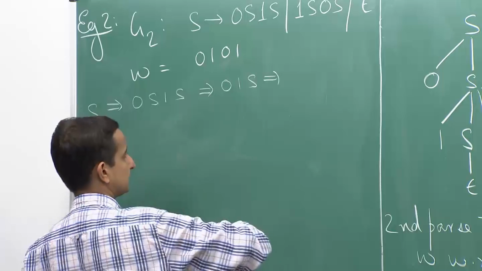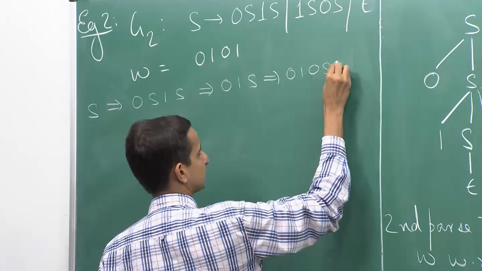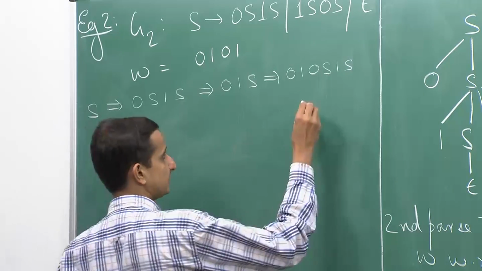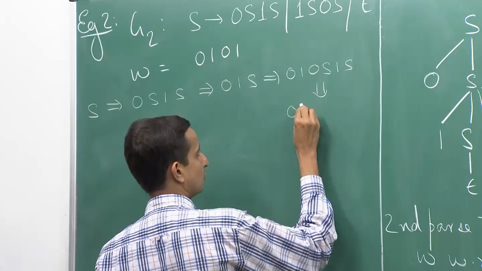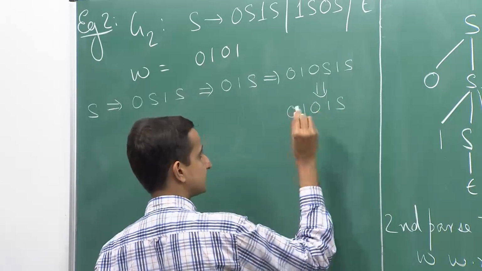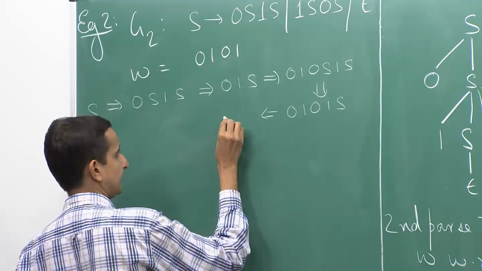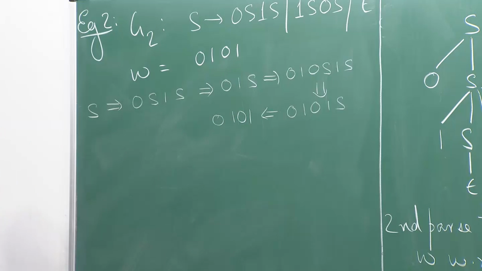Then I replace this S again with 0S1S. Now I replace the first S with epsilon, so I get 0101S, and then I replace the second S with epsilon, and I get 0101. So this is one derivation.